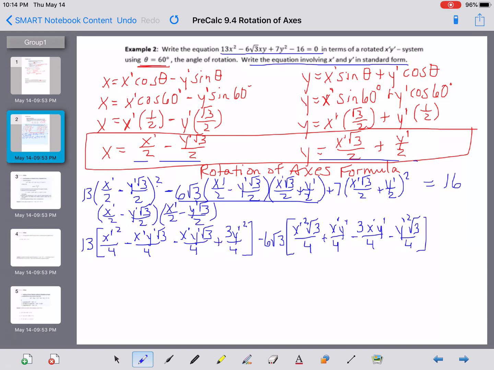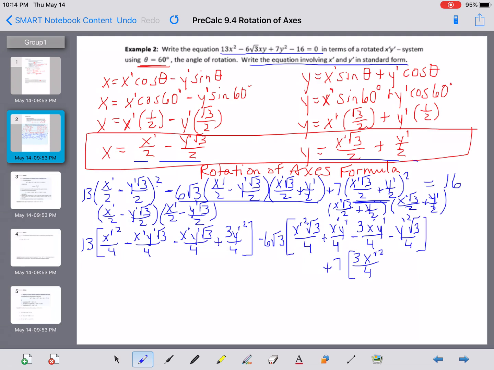All right, on my last one, I'm going to end up FOILing again. I'm kind of running out of space, so I'm going to stagger this just a little bit. I'm going to have plus 7. And when I FOIL this, remember this is x prime radical 3 over 2 plus y prime over 2 times itself, x prime radical 3 over 2 plus y prime over 2. All right, so first two. Those radical 3's are going to become positive 3 x prime squared over 4.